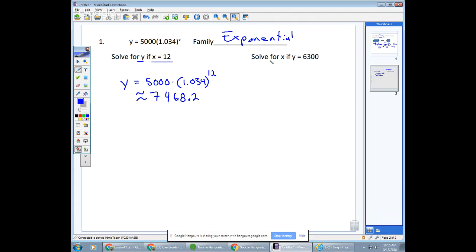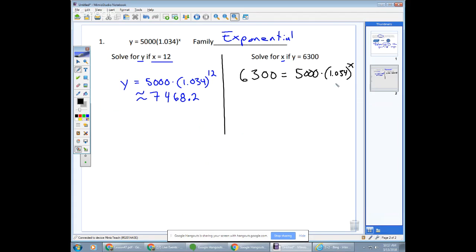next. The next part, we want to solve for x if y is equal to 6,300. So I've got 6,300 equals 5,000 times 1.034 to the x, but this time I don't know what x is. So what do I have to do first to get x alone? But not a log yet, we're not quite ready for that.